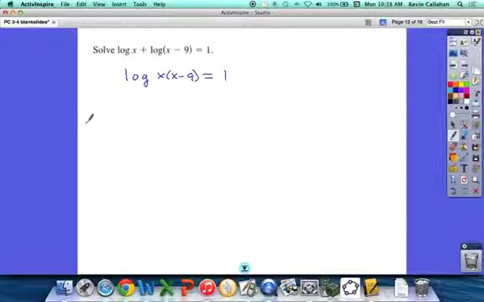Okay, we've isolated the logarithm. Next. Convert to an exponential, right? The base is 10, so 10 to the first equals x squared minus 9x. So 0 equals x squared minus 9x minus 10.